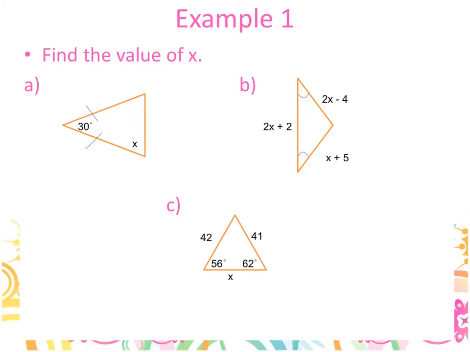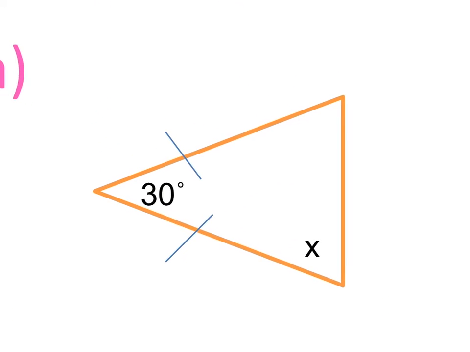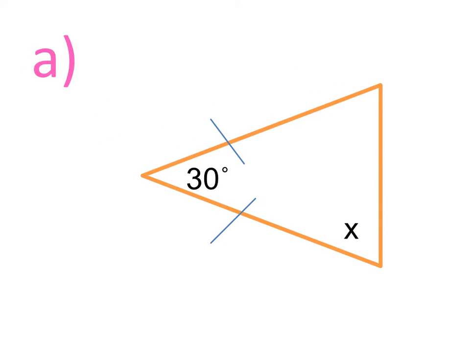Okie doke. So let's find the value of x in every situation here. What kind of triangle is this? It's isosceles. And what do we know about isosceles triangles? It has two congruent legs. Here's a congruent leg, here's a congruent leg. What else do we know? Yes, ma'am.